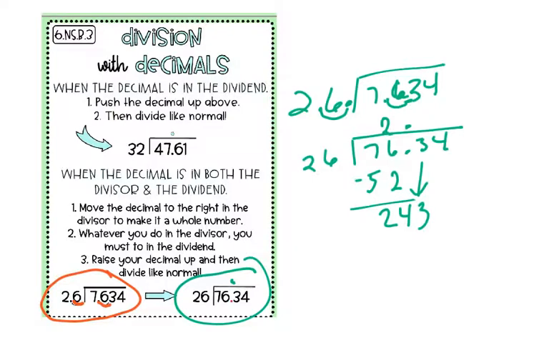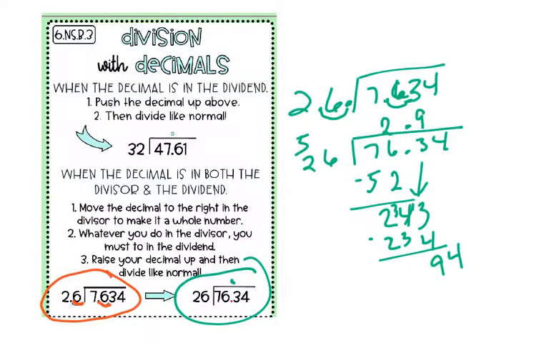So I'm going to go with 9. So 9 times 6 is 54. 9 times 2 is 18. Plus 5, 23. Let's subtract. 13 minus 4 is 9. Okay, great. I'm going to bring down my 4.